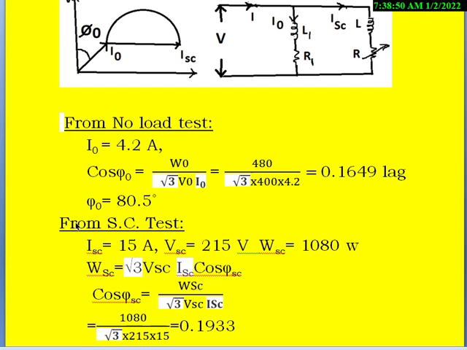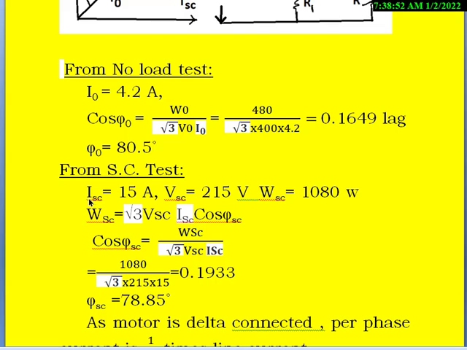So from the short circuit test, we have the data. ISC is 15 amperes and VSC is 215 volts. WSC is 1080 watts. And we know WSC is nothing but root 3 VSC ISC cos phi SC.